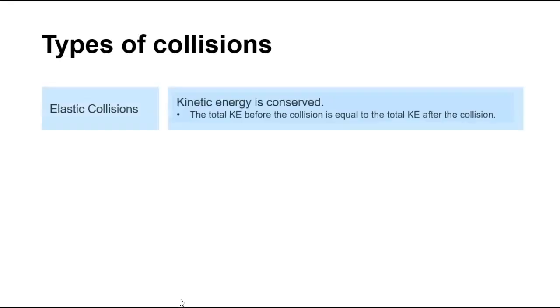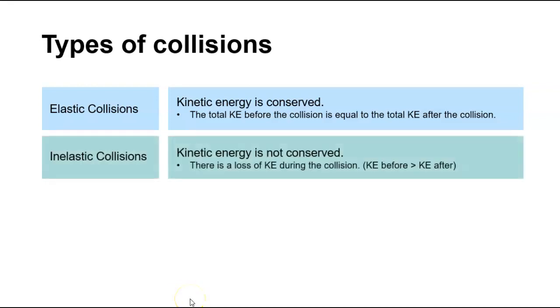When you look at different types of collisions, they are basically defined by what we know about the kinetic energy. For example, something is termed an elastic collision if kinetic energy is conserved. That means the total kinetic energy before the collision is equal to the total kinetic energy after the collision.